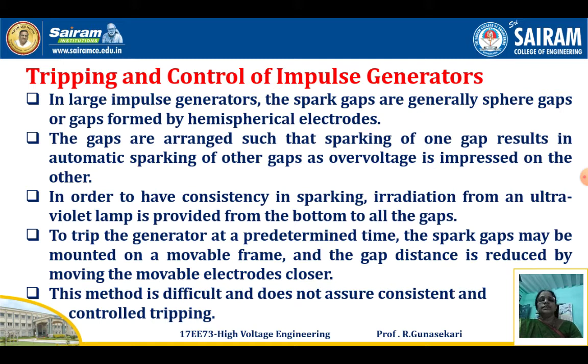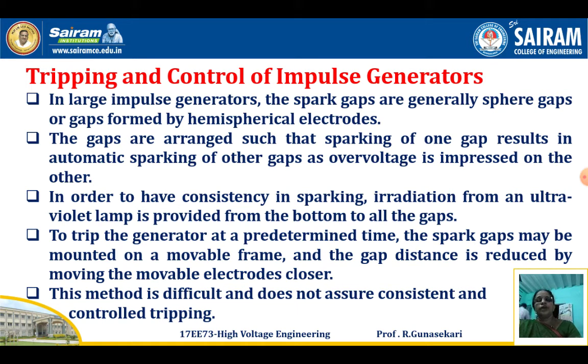In large impulse generators, the spark gaps are generally sphere gaps or gaps formed by hemispherical electrodes. The gaps are arranged such that sparking of one gap results in automatic sparking of the other gaps, as overvoltage is impressed on the other.